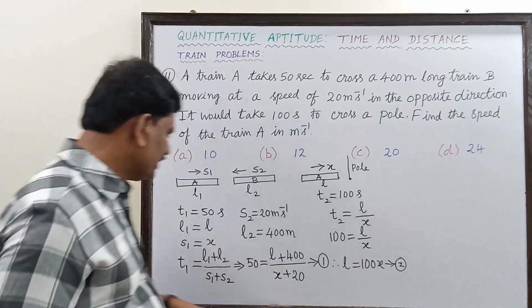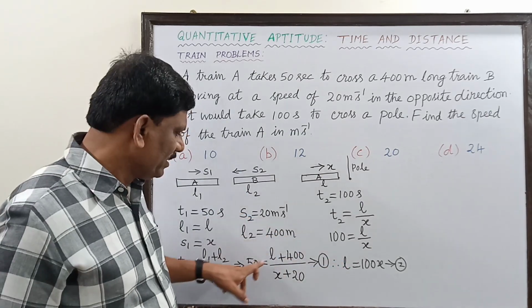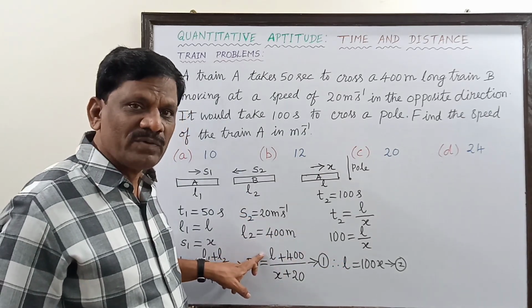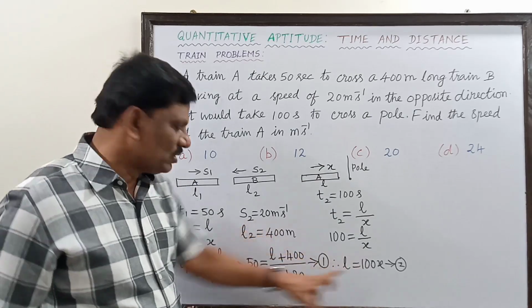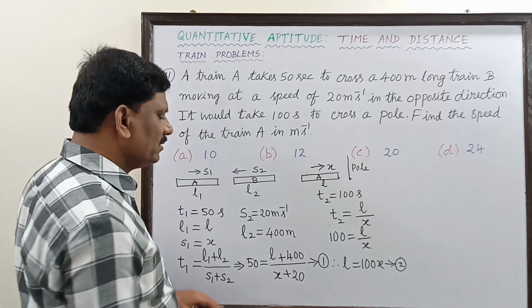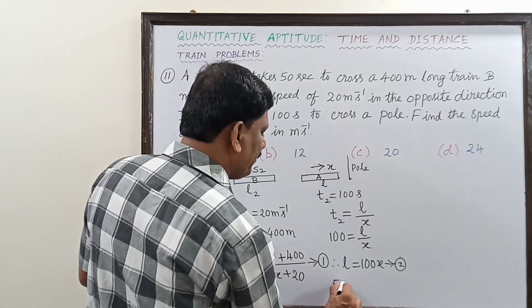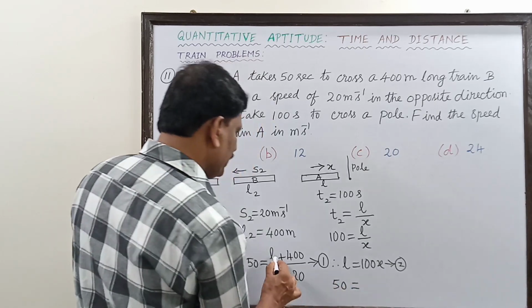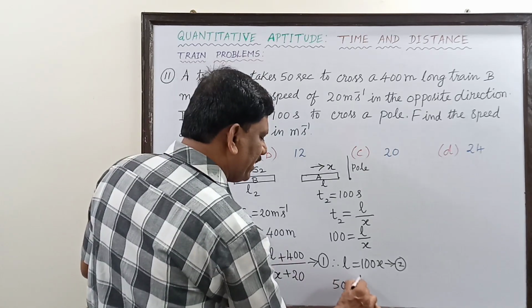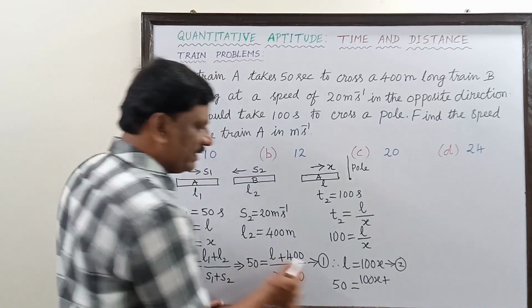In the first equation, in place of L, I can substitute 100x. In place of L, what can I substitute? 100x. So that only one variable will be available, isn't it? So rewriting equation 1, now 50 is equal to, in place of L I am writing 100x plus this 400.